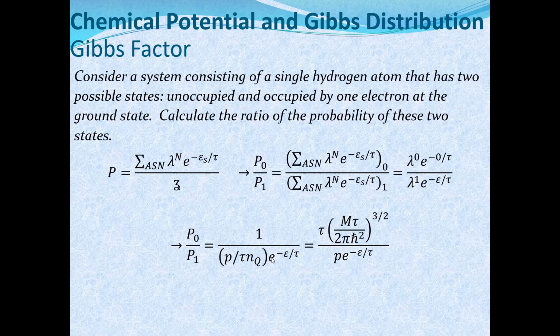I would say for a homework question or a test question, I would specify exactly what type of variables and what terms I would want it solved in. But if we want to go back to basics so that we have things that we would normally know, things like temperature, pressure, and mass, we can actually plug in what n_Q is into the equation so that we get rid of these lambda terms. And we would end up getting this complete mess of an equation.